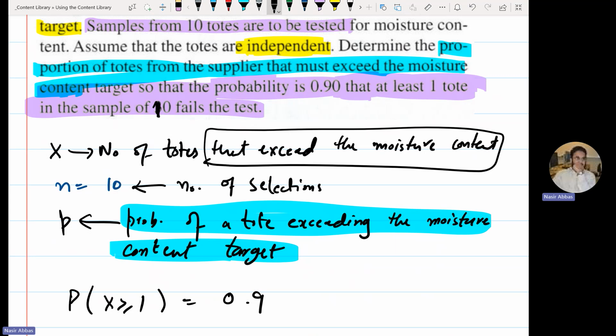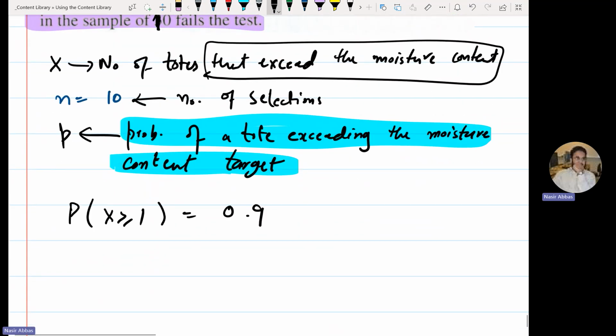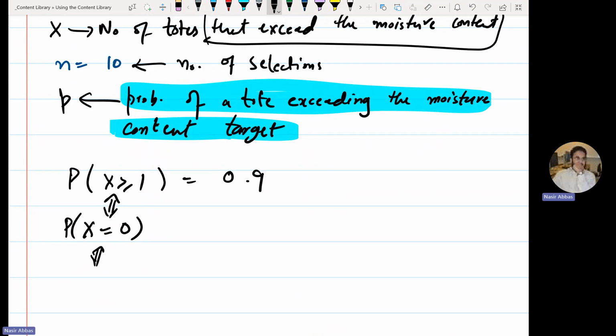Using binomial. Yes, x is binomial, but then what will be the procedure? Use complement. This is equal to 1 minus probability of x equals 0, correct? Because there is no value in the binomial less than 0. Only value of x which is possible less than equal to 1 is 0. And this probability is 10 combination 0, p to the power 0, 1 minus p to the power 10.